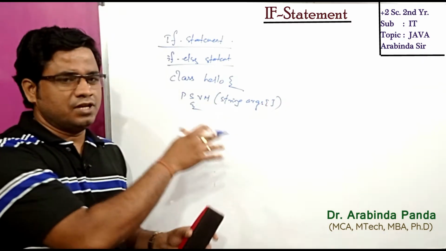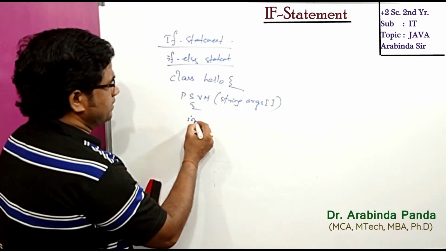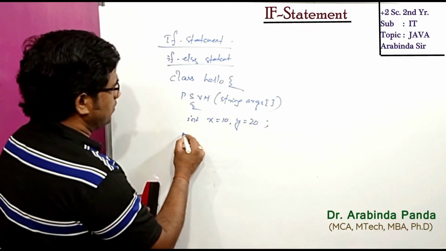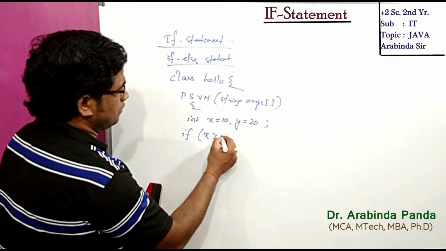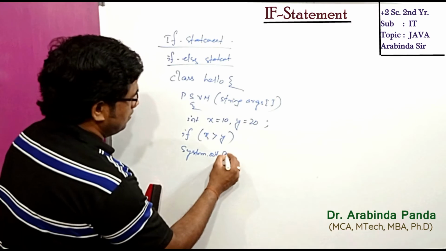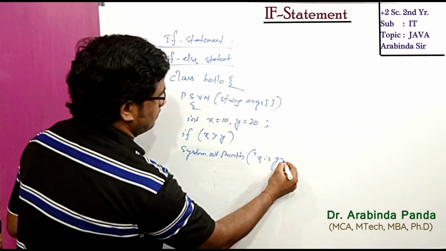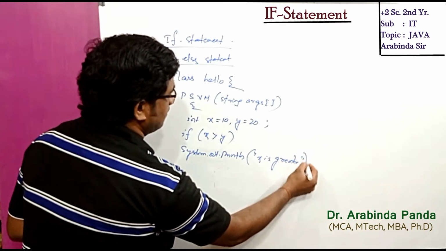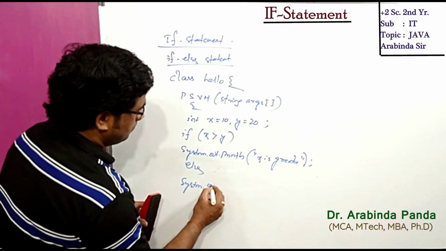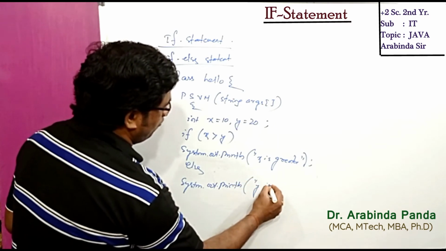Then int x equal to 10, y equal to 20. Then we write: if x greater than y then System.out.println x is greater, else System.out.println y is greater.